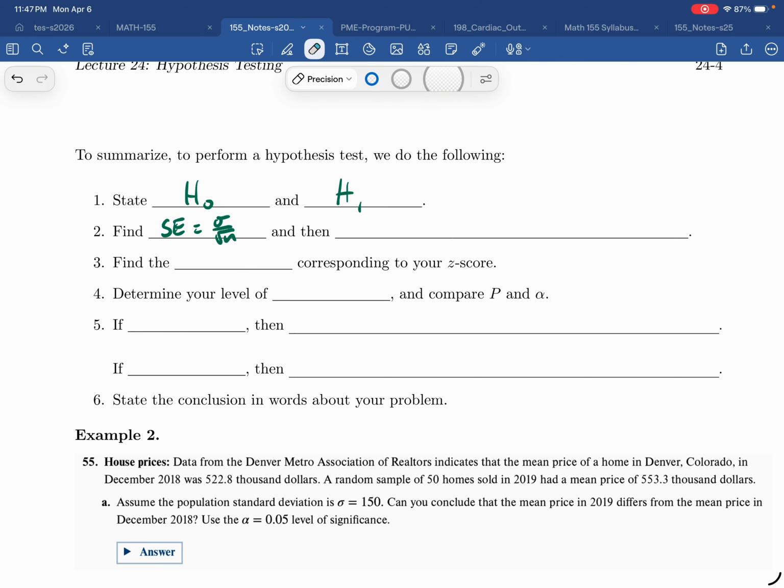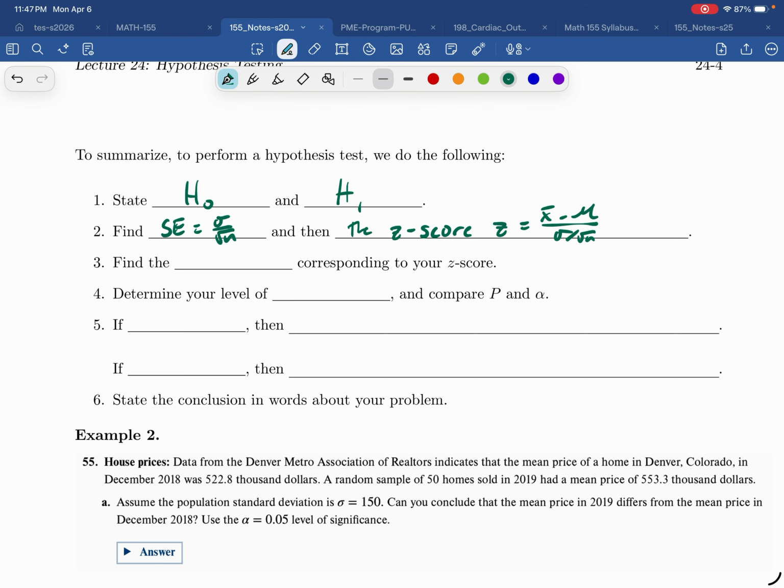We then found, again, I'll put this in parentheses here, the z-score, which was z equals x bar minus mu all over the standard error. But in our case, Excel kind of took care of that.